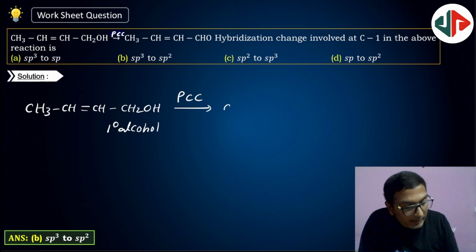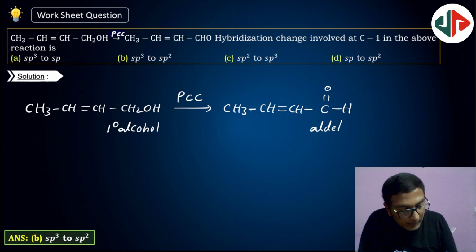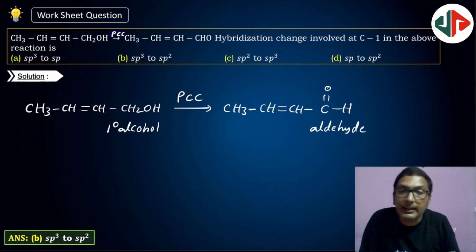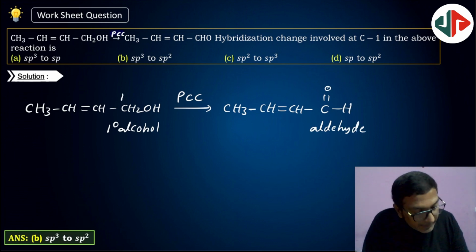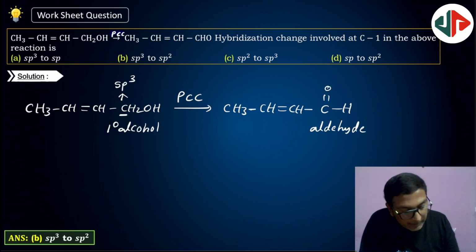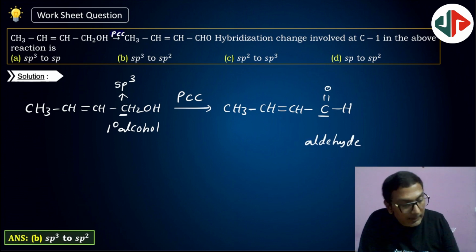It will be converted to CH3, CH=CH, CHO, an aldehyde. Here this carbon is sp3 and this carbon is sp2 in the aldehyde.